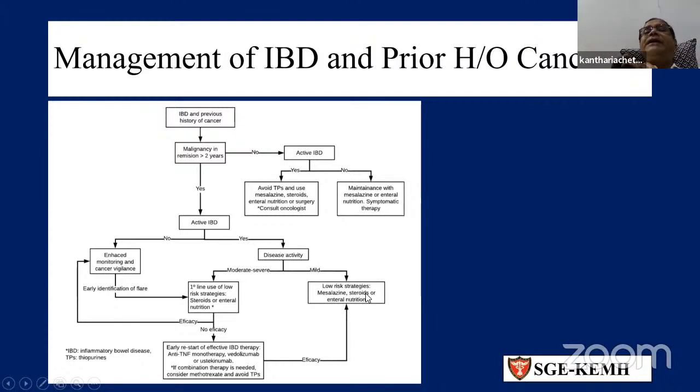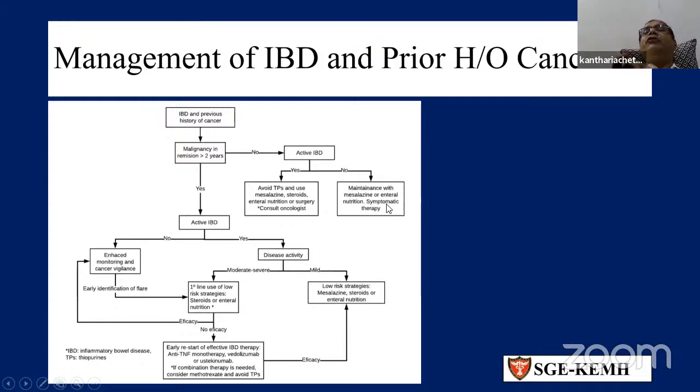If the disease activity is mild, then you can start the patient on steroids or mesalazine. If the IBD is active, you should avoid thiopurines and use mesalazine, steroids, and consult an oncologist for further treatment.